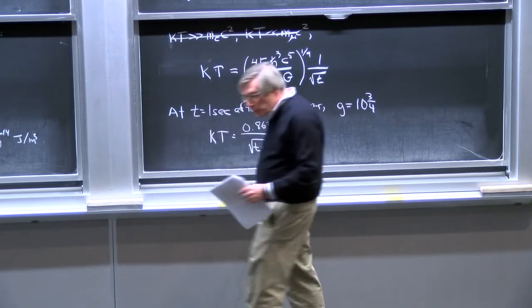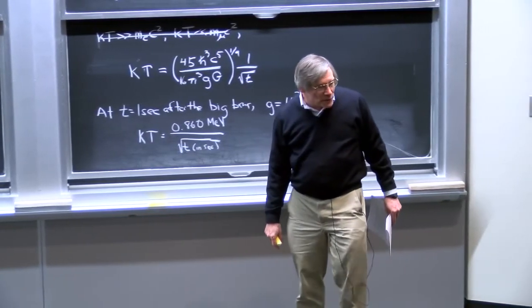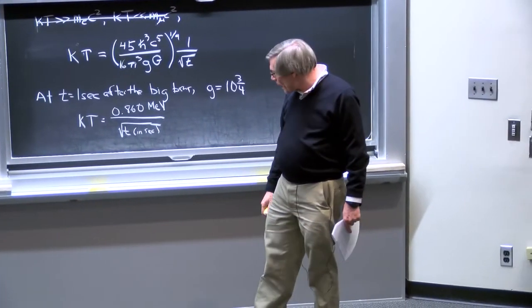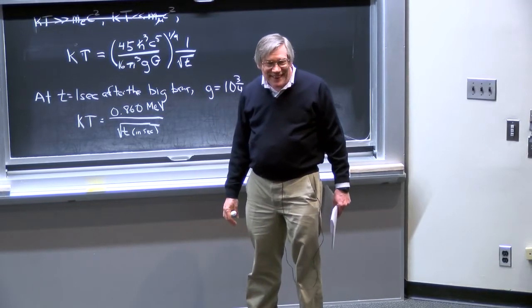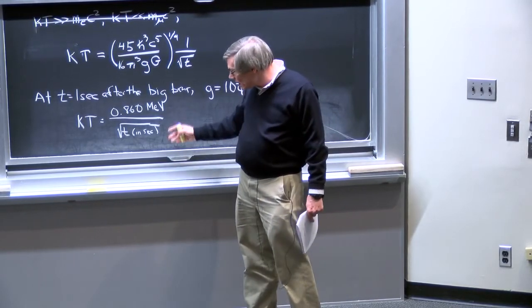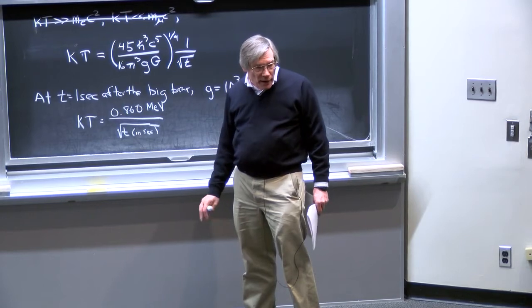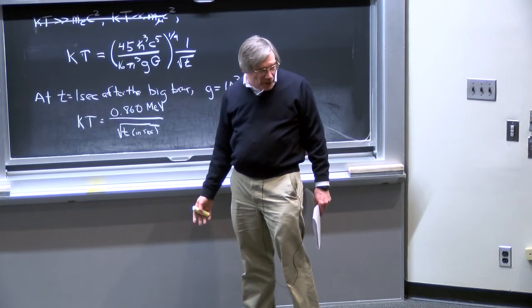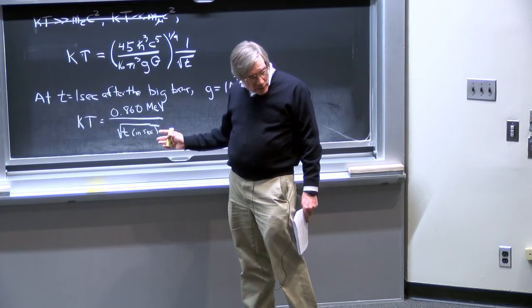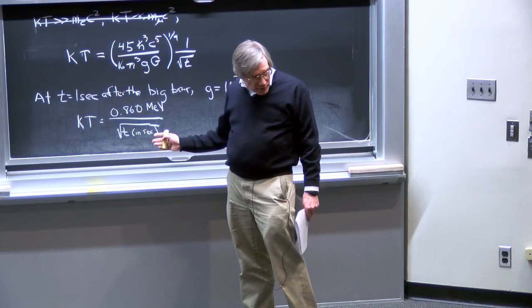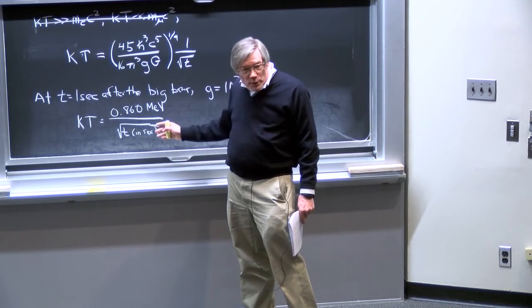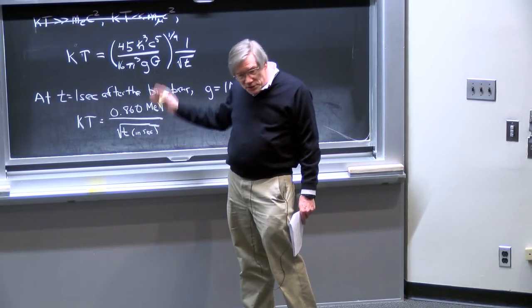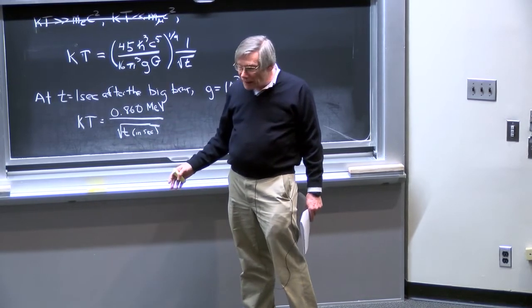And there are, of course, other units that you could express it in. Other sets of units are given in the notes. So if 0.86 is about 1, which it is for many purposes, then roughly speaking, we're saying at 1 second after the Big Bang, KT was about 1 MeV, which means it's higher than the rest mass of the electrons, which is 1/2 MeV. So electron-positron pairs were still pretty much present at 1 second after the Big Bang, but they start to disappear pretty much immediately after that.